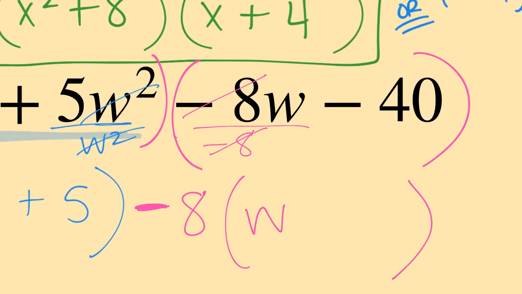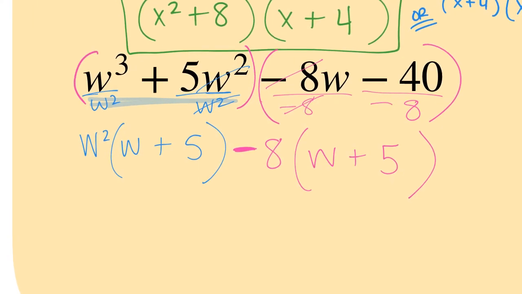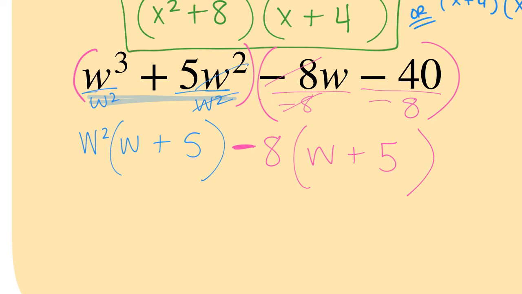If I divide -8 into -40, let's see, what is -40 divided by -8? Well, remember, a negative divided by a negative is a positive. So this would turn into +5 because 40 divided by 8 is 5. And that's exactly what we should have ended up with because these are supposed to match up. And they do, so that's perfect.